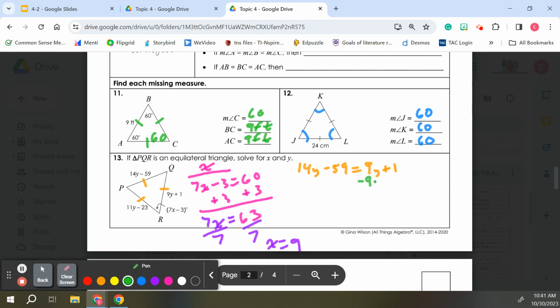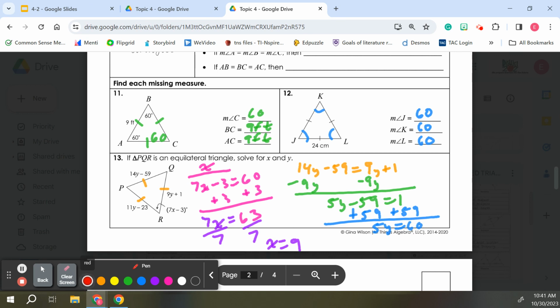I'm going to subtract the 9Y from each side. This leaves me with 5Y minus 59 equals 1. I'm going to add the 59 to each side. This leaves me with 5Y equals 60. And divide both sides by 5. So then Y equals 12 in this case. So these are my two answers. If I needed to solve for the sides, I would just substitute them in. Okay?